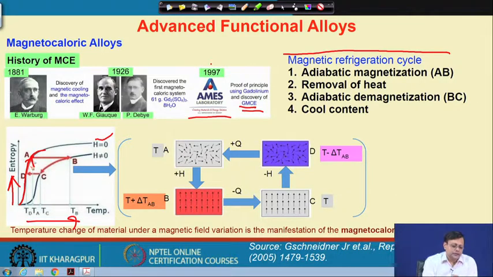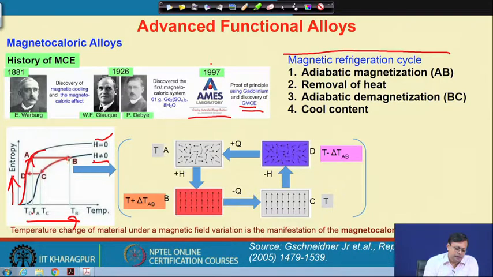Let us say we start with point A, and if at a given temperature we apply a magnetic field H, which is non-zero, then there will be an immediate change in the temperature value. So, you can see from A to B.